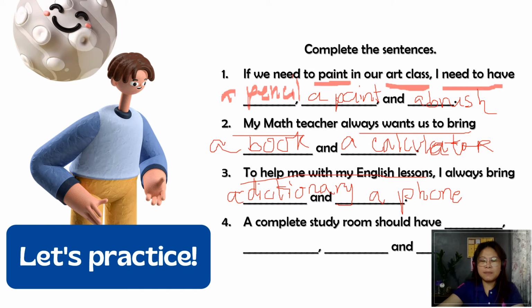And a complete study room should have, what should a complete study room or a classroom have? A book. A complete study room should have a book, a student, a teacher, and a what?